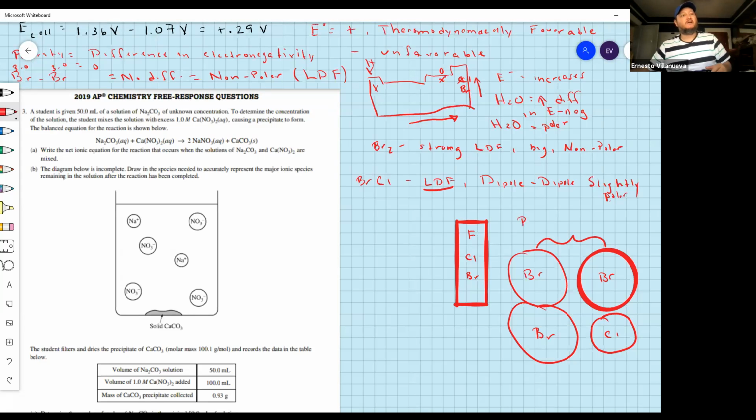So this has a bigger electron cloud, which equals bigger LDF, and the bigger LDF equals a higher boiling point, because it's a stronger interaction.